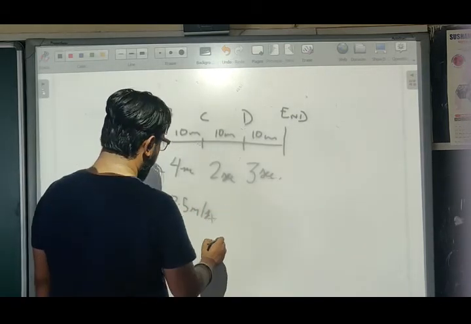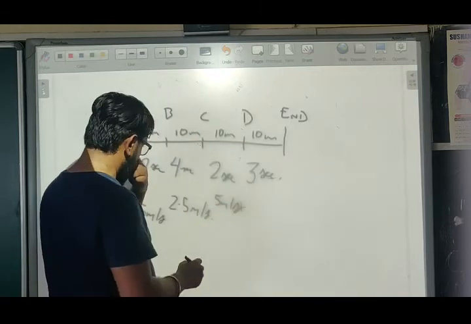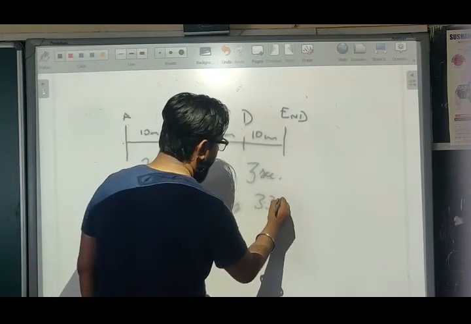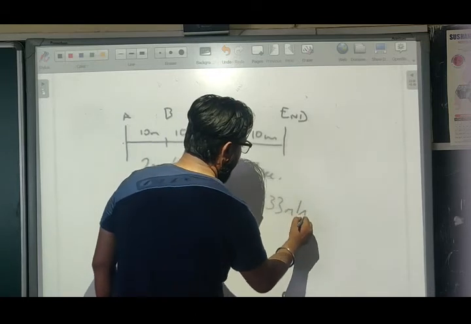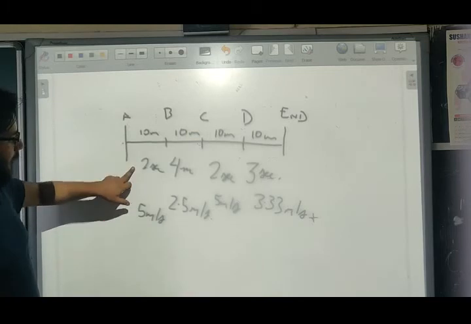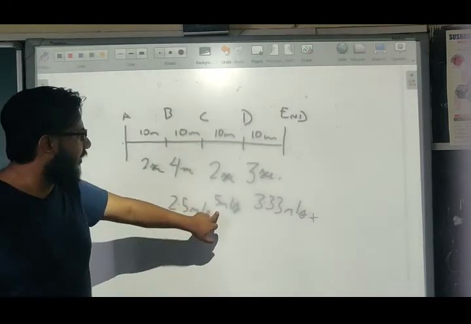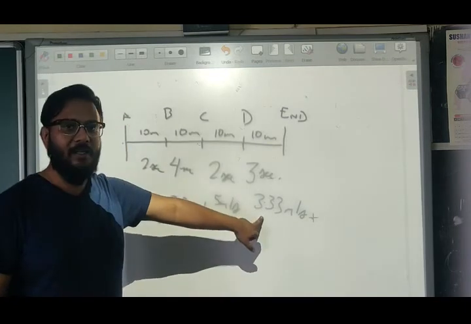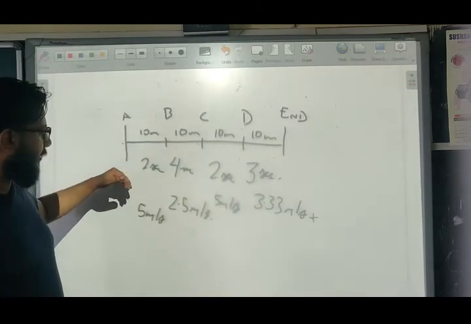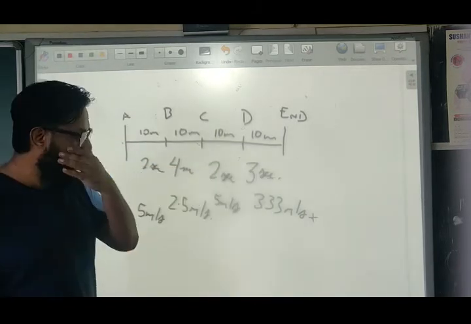In this case, again 5 meter per second, and in this case, we have 3.33 meter per second. Right? So we can see the speed out here was 5, and it decreased to 2.5 here, and again it increased, and again it decreased. So the speed is constantly changing.